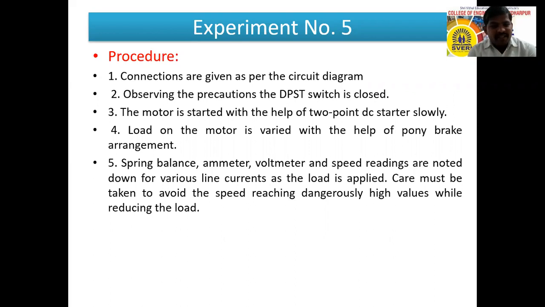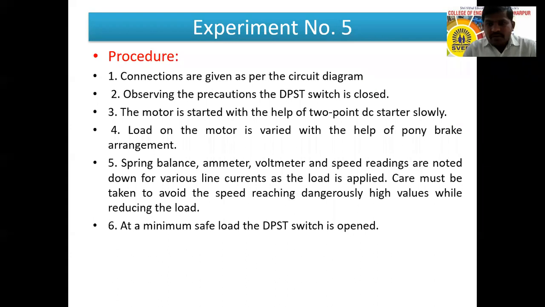This care must be taken. That means we want to take care that the speed of the DC series motor should not go to a dangerously high value while we are reducing the load. Then at the minimum safe load, near about 25% load, we open the DPST switch.